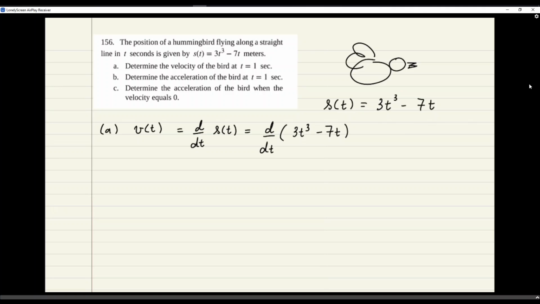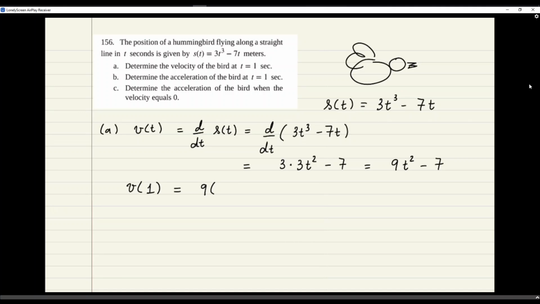And using the rule that we established in the previous section, we get that this is 3 times 3t² minus 7, which is 9t² minus 7. So the velocity at 1 second is equal to 9.